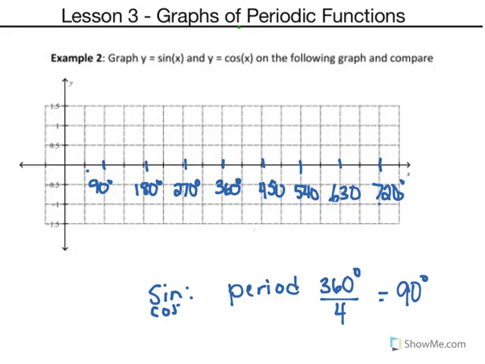Okay, now we're going to graph. So for a sine function, we start at 0. Our amplitude is 1. So our maximum point at 90 degrees will be at 1. Halfway, you get back to the midline. So half of the sine function, you should hit the midline again.